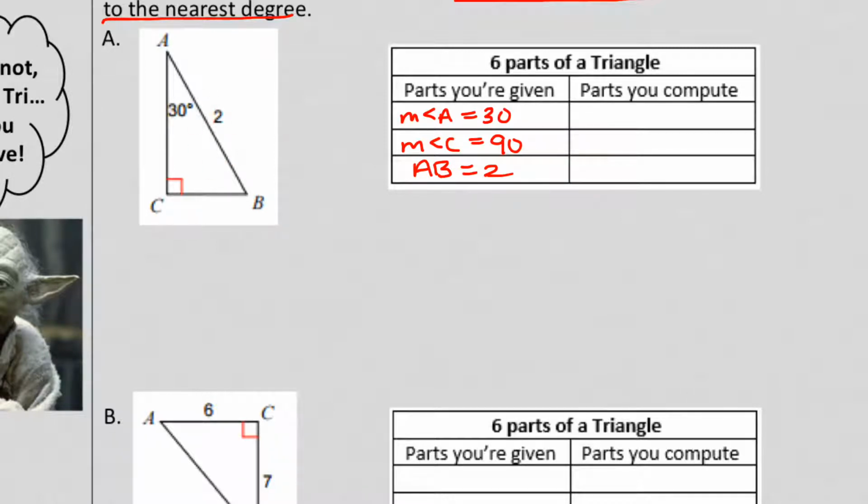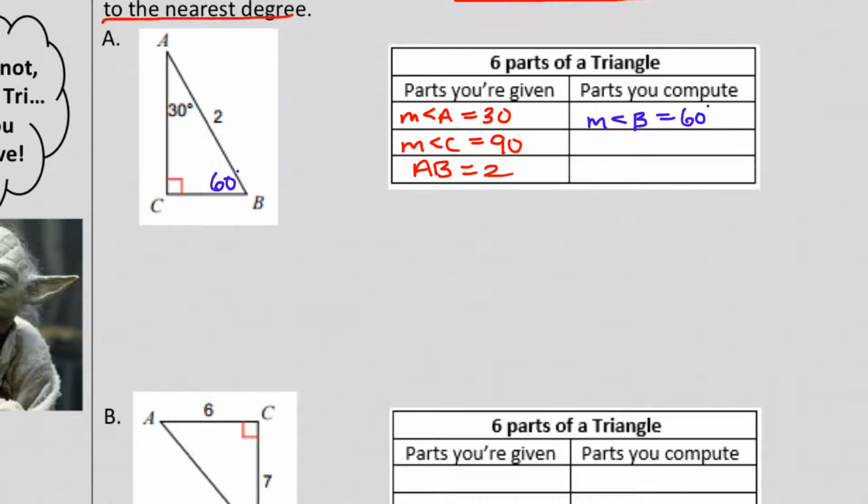So to solve the right triangle, you have to compute 3 additional parts that are not given to you. In this case, the easiest part to compute would be angle B, because if this is 30 degrees, this is going to be 60 degrees. So that I can find pretty easily just with my basic triangle facts.